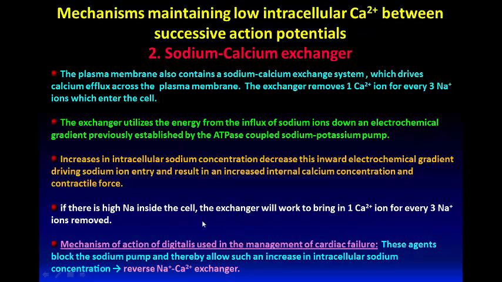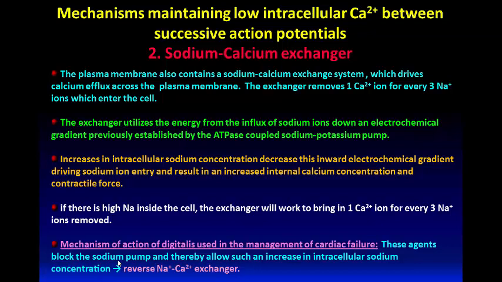And this is in fact the mechanism of action of digitalis or digoxin, and these are drugs which are used in the management of cardiac failure. These agents block the sodium-potassium pump. So sodium ions accumulate in the cytoplasm of the myocytes.